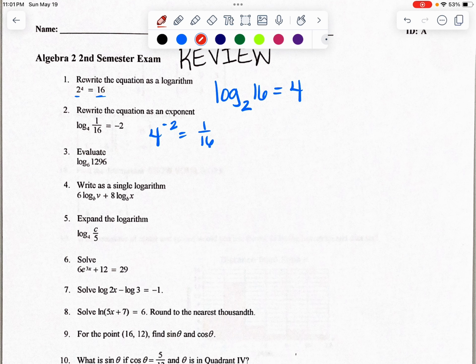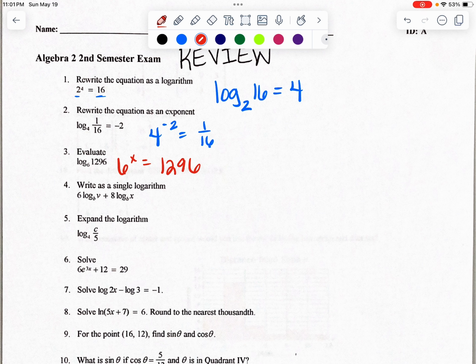Number 3, there are a lot of different correct ways to do number 3. To me, I just use my calculator as a little guess and check. I know this means 6 to some power has to equal 1,296. So I grab my calculator and try, okay, 6 to the third power? No, 6 to the 4th power.